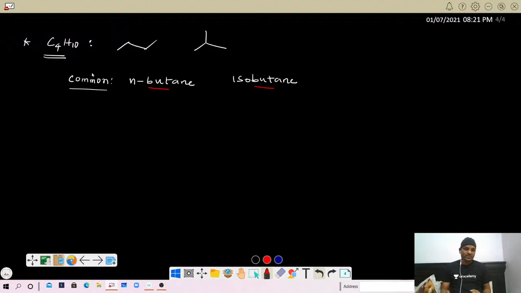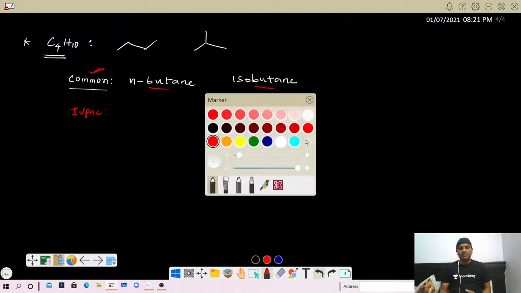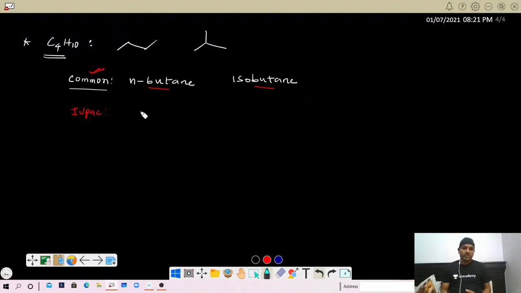But what I'm saying is a common system. When you write IUPAC names of these compounds, it is butane, and this is 2-methyl propane.